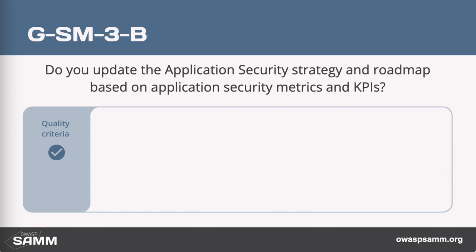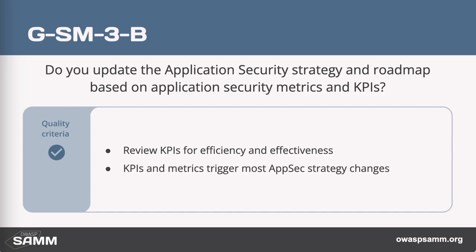At level 3, the question is whether the executive team is paying attention to the KPIs. As they see the needle move on those indicators, are we updating, are we reviewing our strategy, and are we reviewing our KPIs for efficiency and effectiveness? The second key thing to pay attention to here is if we have picked a specific area for improvement and our KPIs are great, and we have been making an impact, perfect.